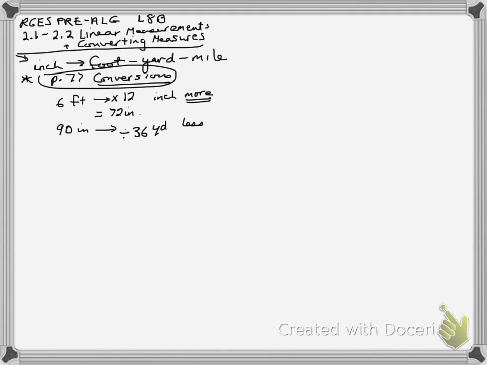And this is where you have to use these conversion factors, and you're just deciding, do I multiply or divide? So 90 over 36, if you divided that out, you would get 2.5, and therefore 90 inches equals 2.5 yards.